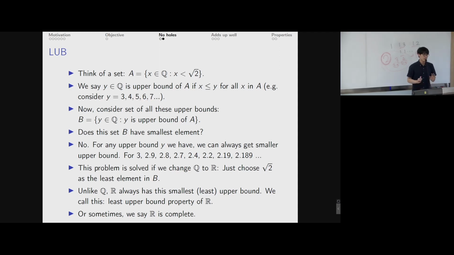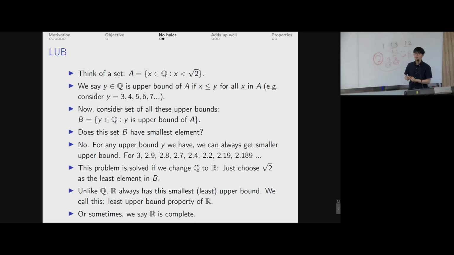Now we have all these upper bounds, and what we can think about is whether the set B has a smallest element.